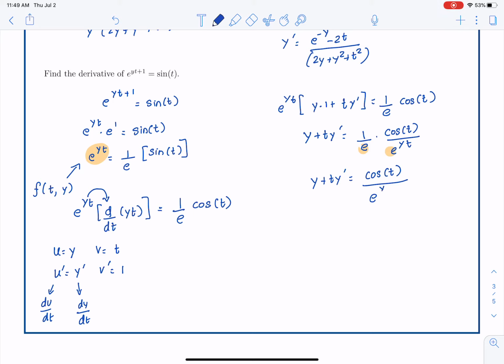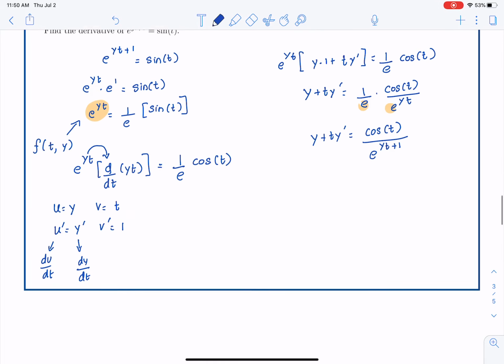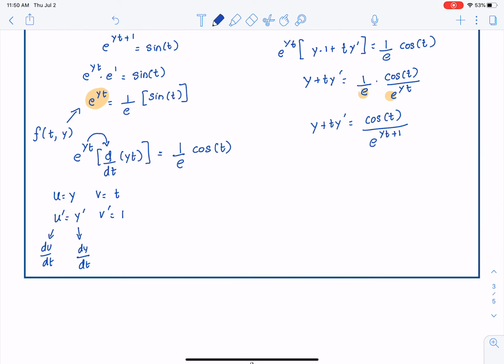We have e raised yt plus 1. Now let's move the y to the other side. T y prime would equal cosine t over e raised yt plus 1 minus y, and divide by t on both sides. Y prime would equal 1 over t times cosine t divided by e raised yt plus 1 minus y.